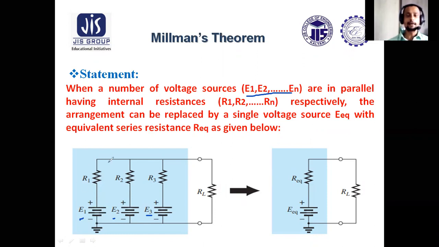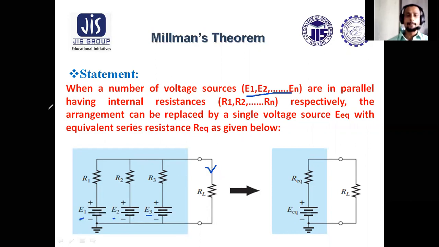If such combinations are there, and you are asked to find current through the load resistance, then Millman's theorem will be applicable. So as I said, for a network in which voltage sources are connected in parallel, Millman's theorem will be very much suitable to find current through a particular branch.